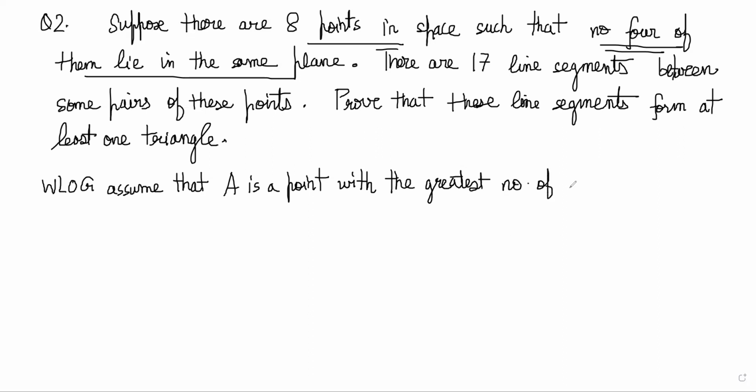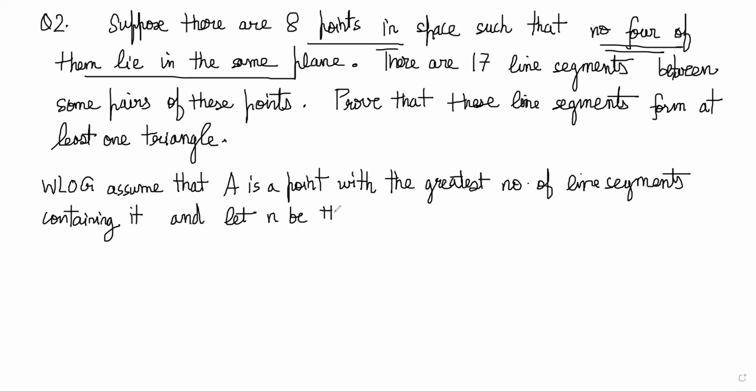Containing it means basically the most line segments are passing through A. And let n be the number of line segments that pass through A.